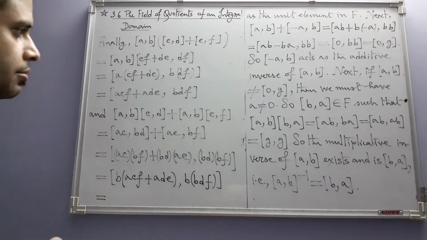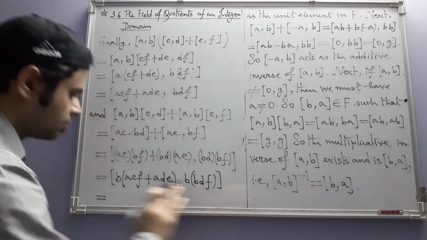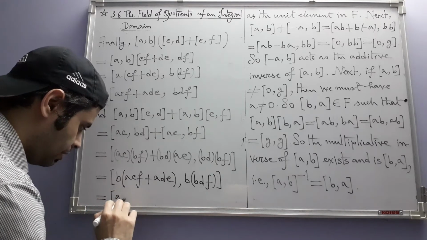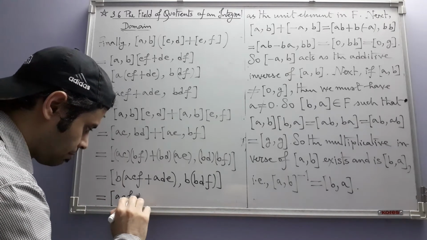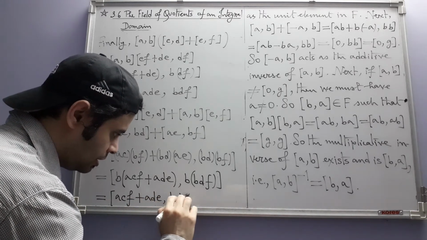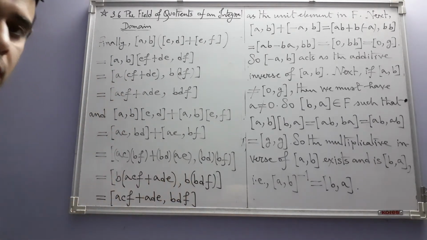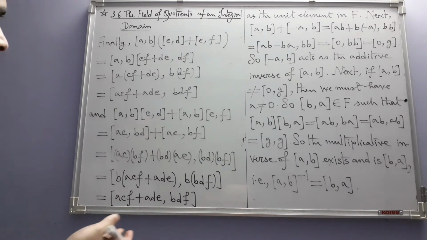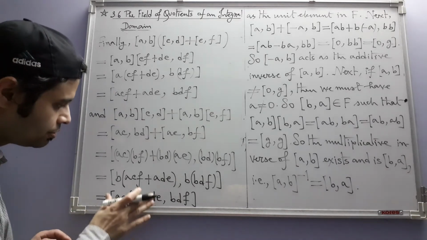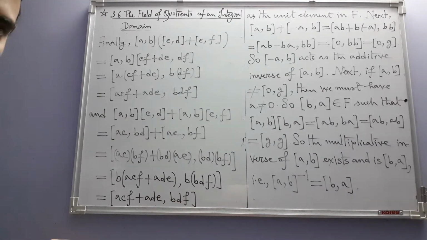Now you can see that this element in F will be equal to (acf plus ade, bdf), as if we have cancelled b from the numerator and denominator. In fact, we have carried out one similar thing a while ago. So I leave it to you to see that these two equivalence classes are actually equal.